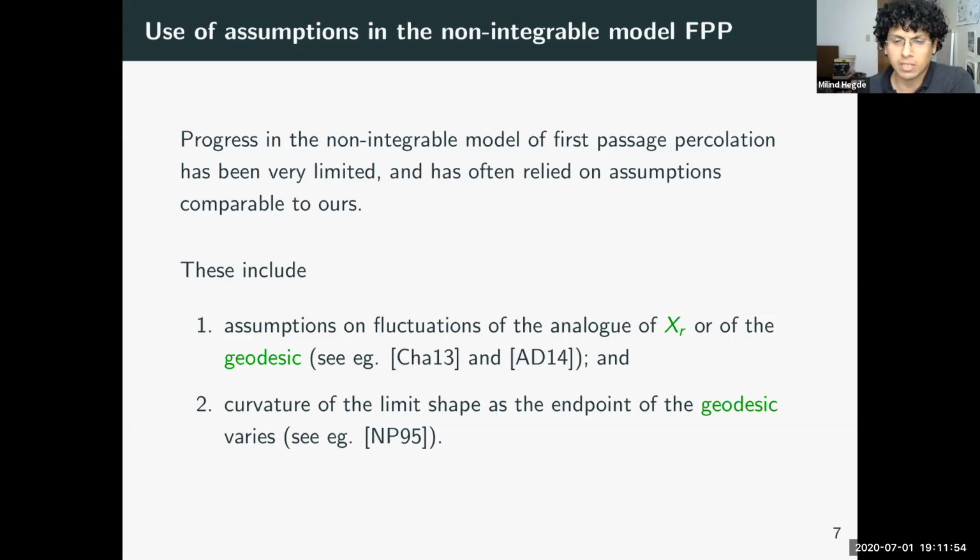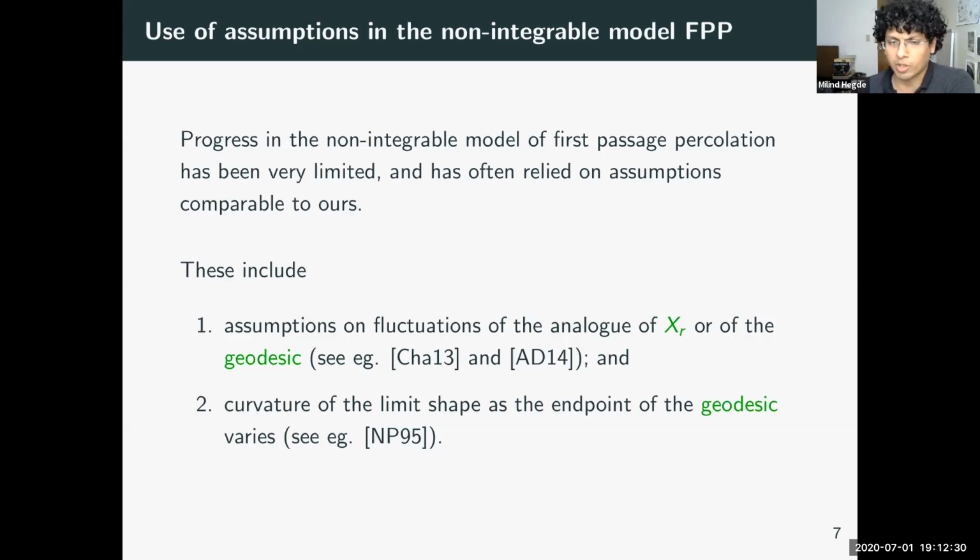So in 2013, Sourav Chatterjee showed that under certain assumptions on the fluctuations of the analog of X_r, you can prove something called the KPZ scaling relation, which I won't define here. But the point is that it's the analog of us saying that X_r fluctuates on scale r to the 1/3, basically. And then Auffinger and Damron expanded Chatterjee's assumption set, as in they expanded the class of vertex distributions to which Chatterjee's result applies, and made the proof a bit simpler.